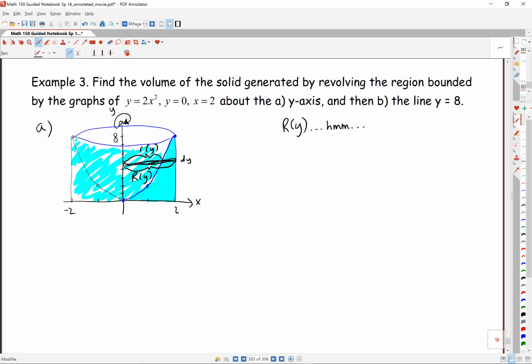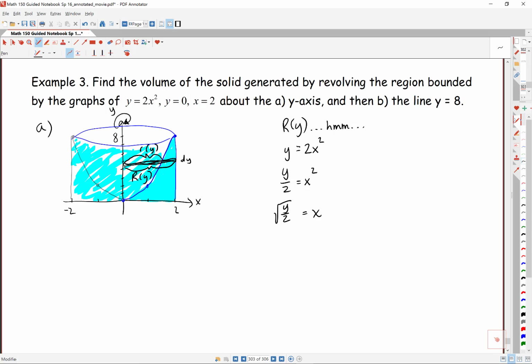So here, if we take y is equal to 2x squared and we isolate x, do you see we'll have y divided by 2 equals x squared. Now our initial blue region, it's all to the right of 0, so we'll just do the positive root of y over 2 is equal to our x. Good so far?